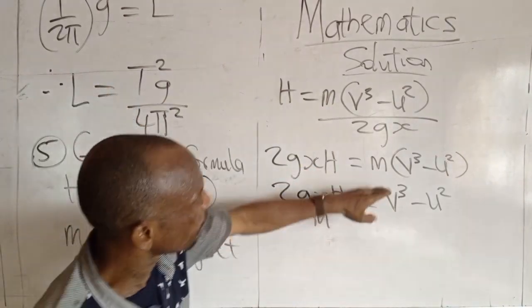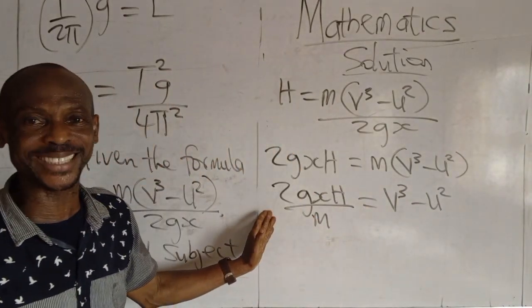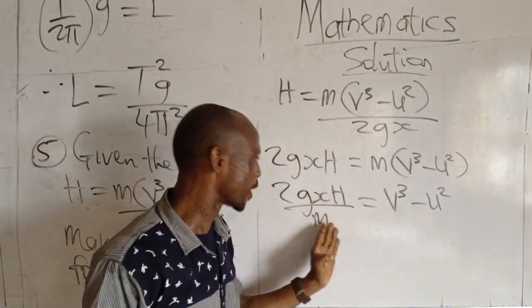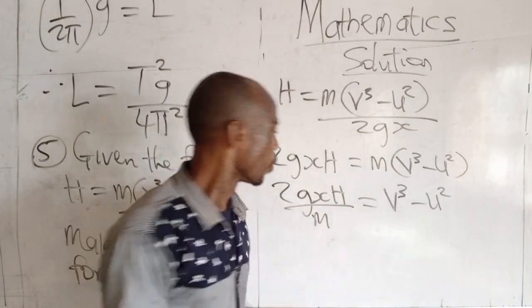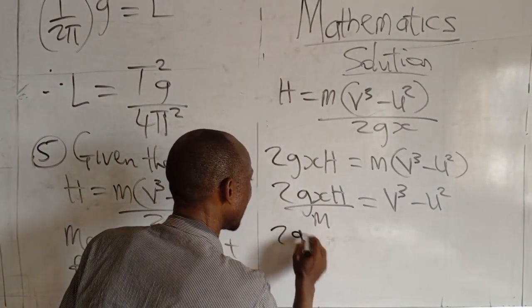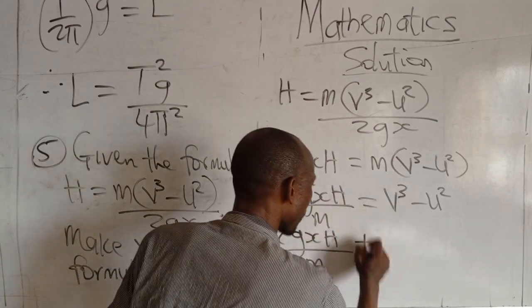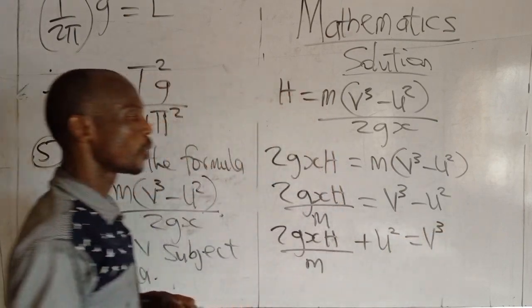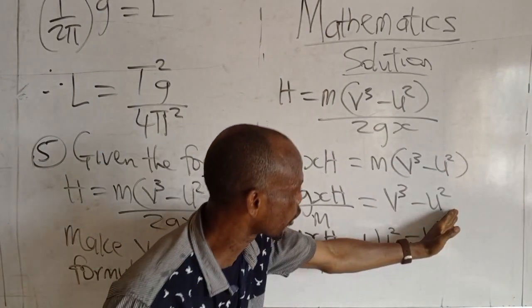We are looking for V. So our minus U squared is going to move to the other side of the equation. Because it's negative here, when it crosses the equality sign, it changes to what? Positive. We now have what? 2gxH all over M plus U squared is equal to what? V cubed. So our V is now cubed.